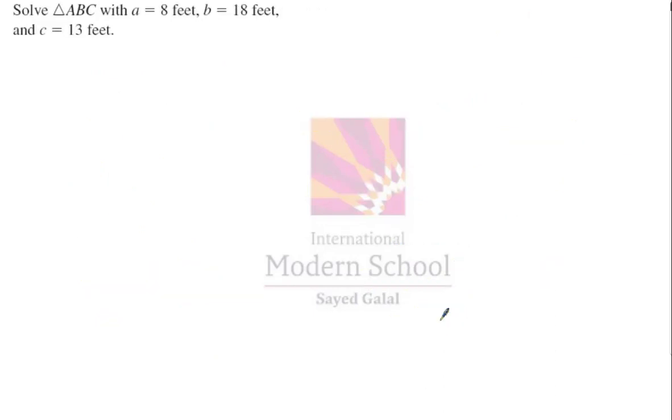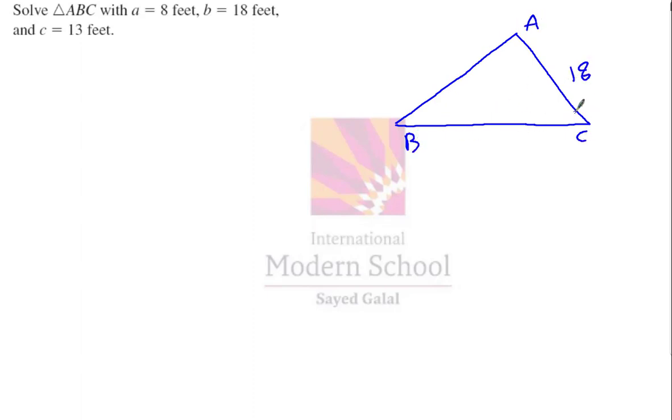Solve the triangle. We have three sides, then use the cosine law. Triangle ABC: b equals 18, opposite to angle A equals 8, opposite to angle C equals 13. Then find the greatest angle. The greatest angle is opposite to the longest side.